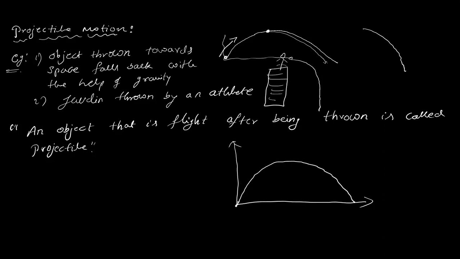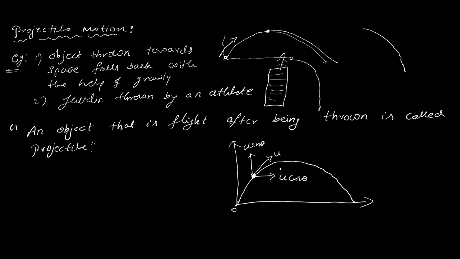This is the initial velocity applied. At this particular point, this is the horizontal component and this is the vertical component. We call it u cos theta, and the vertical component we call u sine theta.